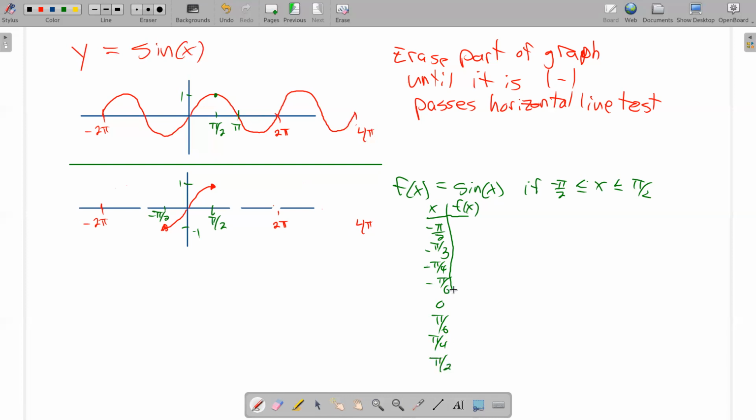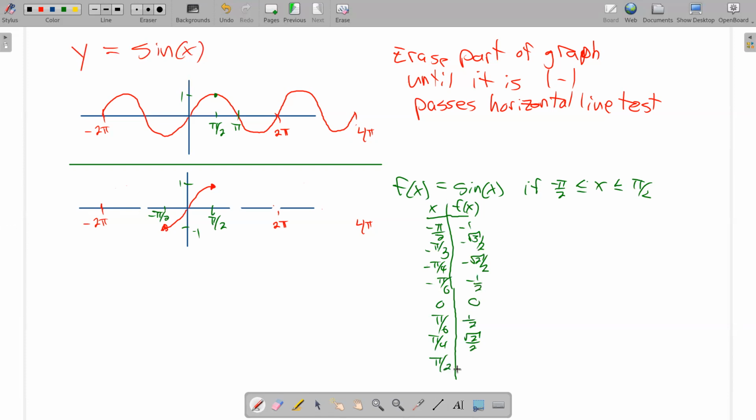And again, there's lots of points in between those. Those are just the special ones. And the y values there would be negative 1, negative square root of 3 over 2, negative square root of 2 over 2, negative 1/2, 0, 1/2, square root of 2 over 2.